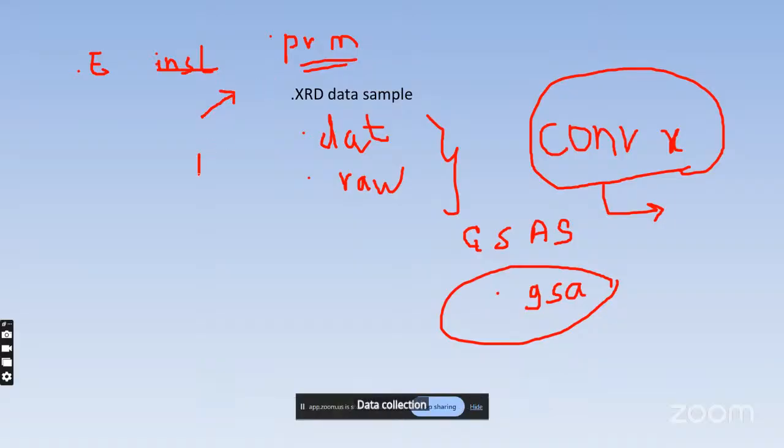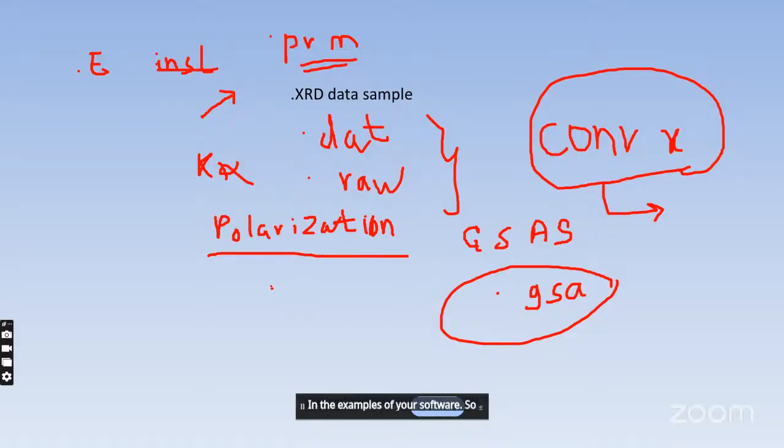That will contain the value of copper K alpha, whether it is alpha 1 or alpha 2. Then, in this particular instrument file, you have to give the polarization of your instrument. These files can be created by using GSAS itself, or you can use the files given in the examples of your software. So the third file you require is the CIF, that is the crystallographic information about your sample.